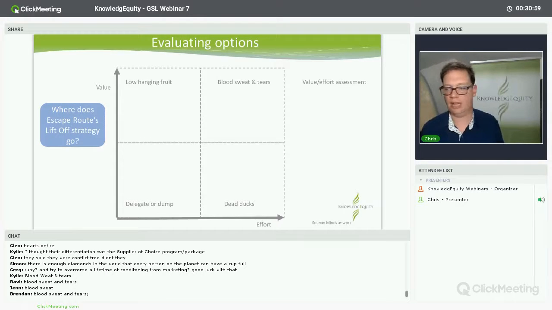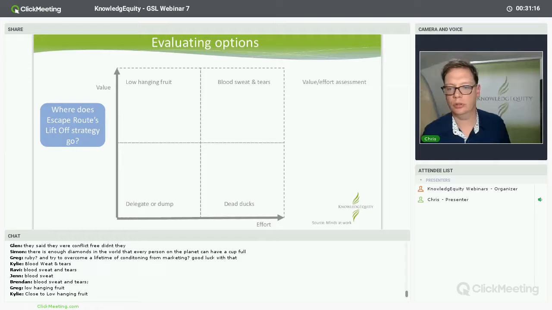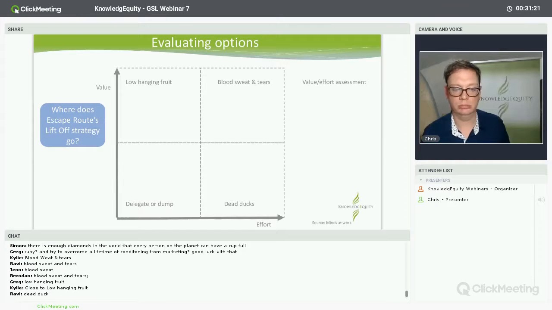What about the other one? Escape routes, lift-off strategy. Low-hanging fruit. Yeah.